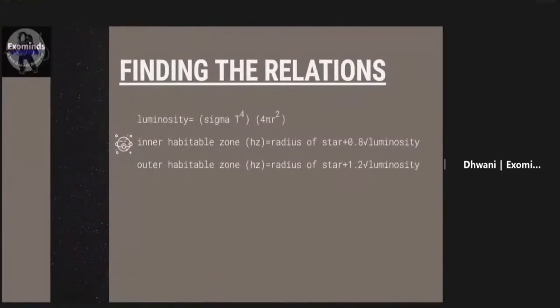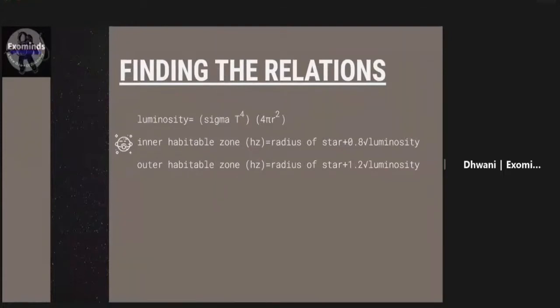A black body is a physical body that absorbs or emits all frequencies of electromagnetic radiation. Here, luminosity is found when sigma is multiplied by the temperature to the power 4, whose result is multiplied by 4 pi times the square of the radius of the star. In this equation, sigma is the Stefan-Boltzmann constant.